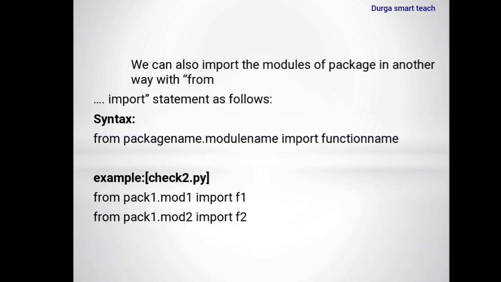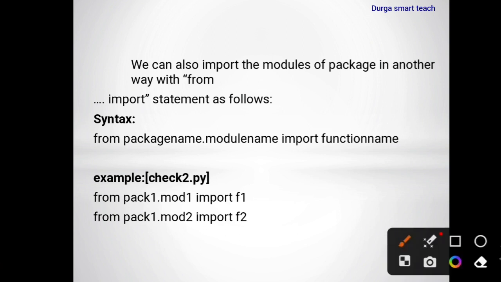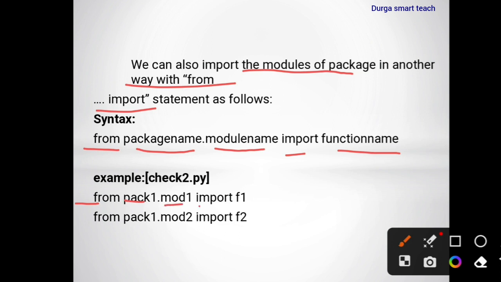Okay, we can also import the modules of a package in another way by using from. Okay, the from import statement. Let's see the syntax: from package name dot module name import function name. So from package1 dot module1 import f1.